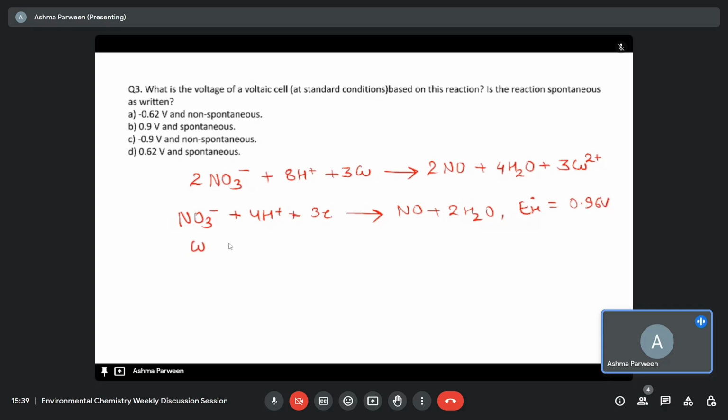And for reduction of Cu2 plus to Cu, E naught is 0.34 volt. These two are the reduction reactions, and based on the reaction given, we have to find out the standard voltage of this cell and whether the reaction is spontaneous or not. I'll give you 5 minutes. Just take your time and write the correct option in the chat box.